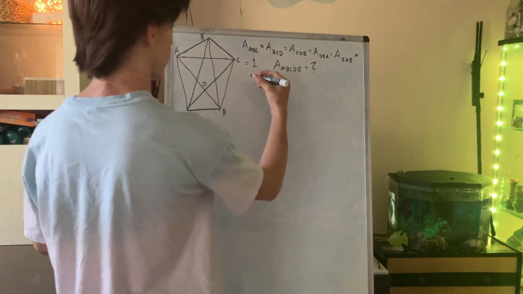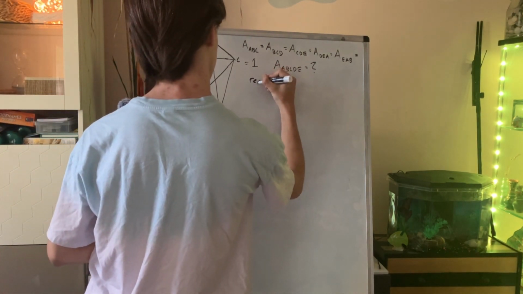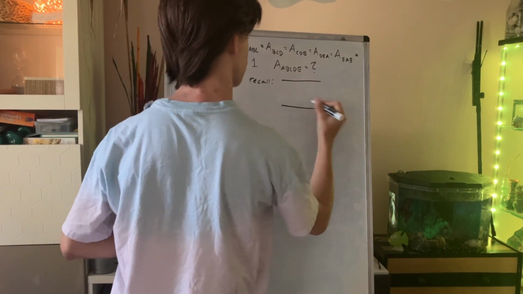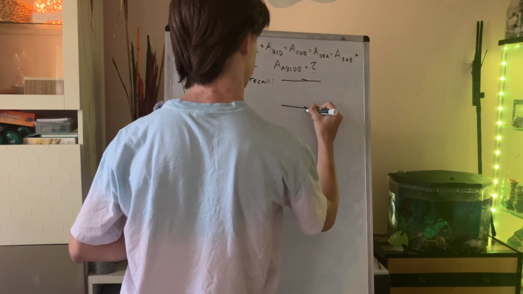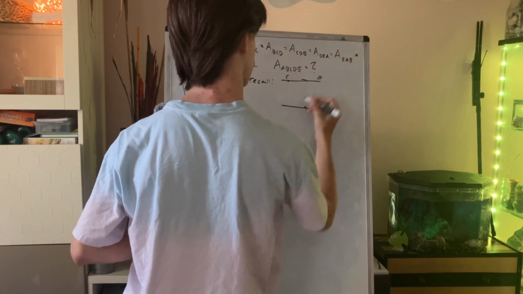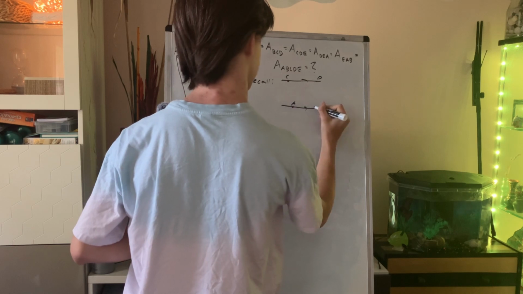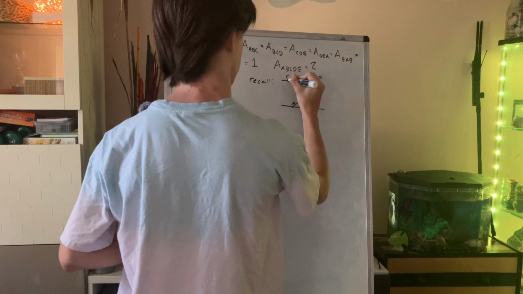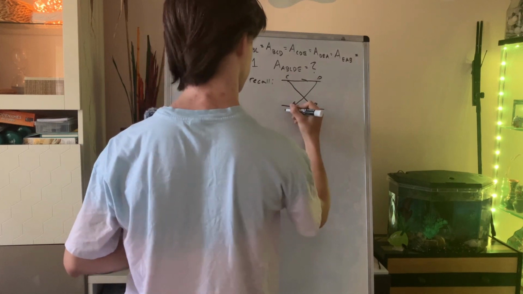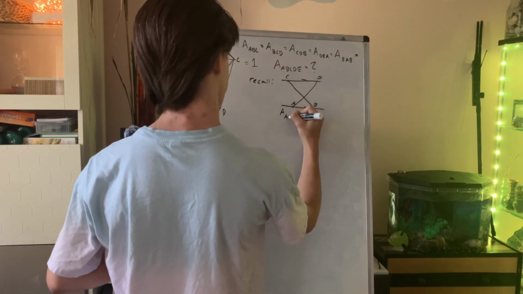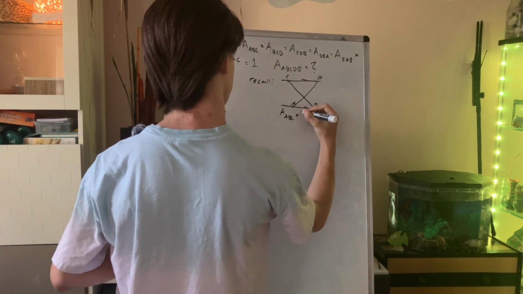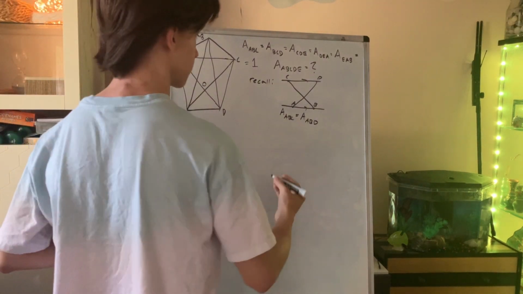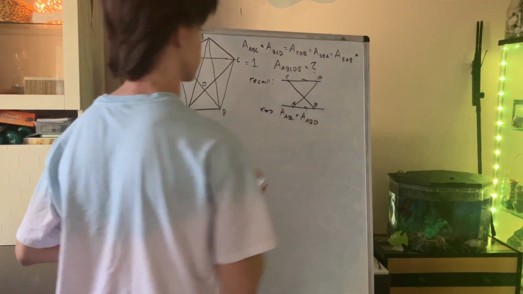Okay, first we're going to recall a theorem that states when we have two parallel lines, let's say with points C and D and points A and B, and we connect two triangles so that they share base AB, we have that the area of ABC is equal to the area of ABD. This is a theorem and the converse is also true for it.